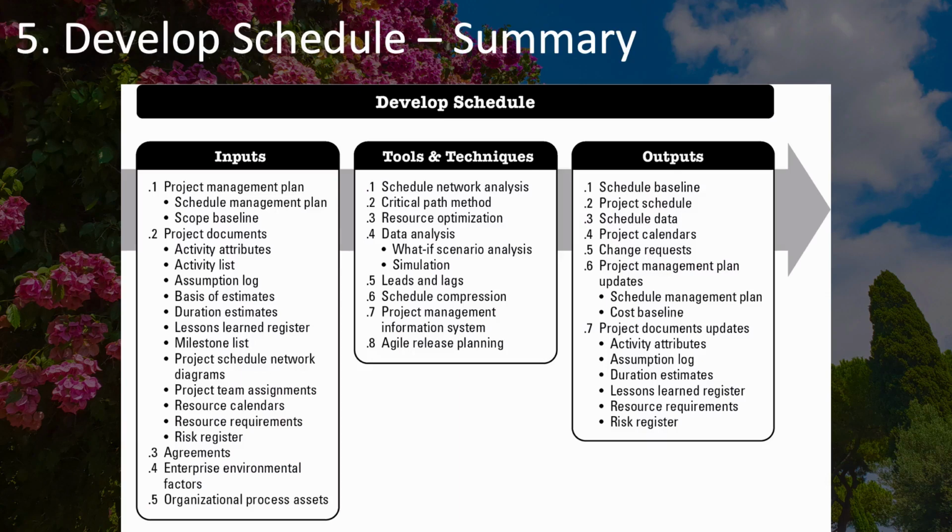You also have agreements as an input, particularly those with outside vendors, but also including those internal agreements that you may have with other departments, and some enterprise environmental factors and organizational process assets. Your main tools for developing your schedule are schedule network analysis, including the critical path method, resource optimization, what-if scenario analysis and simulations, inserting leads and lags as needed, schedule compression, and your project management information system. And if you're doing Agile, you'll also be using Agile release planning.